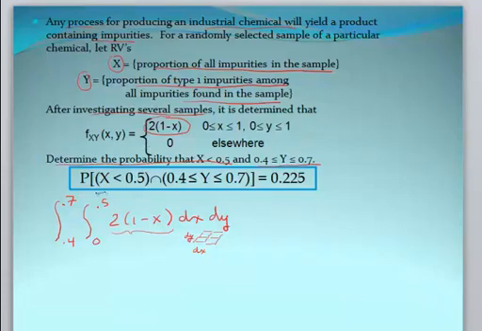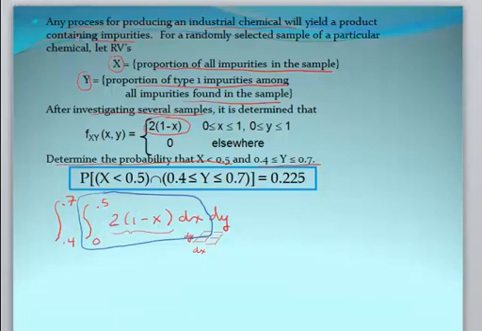Now, if I had happened to have a y in here, I would have treated it just as if it was a number, like 2 or 5 or something like that. In other words, I would have just left it alone, okay? But we'll see examples of that later on.